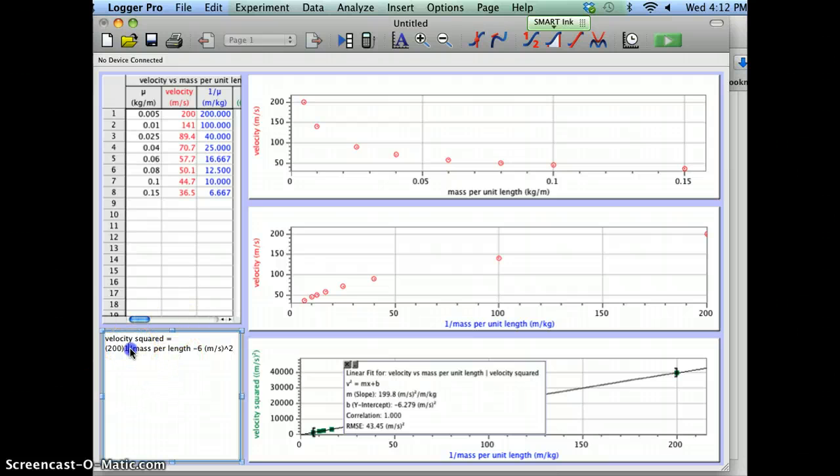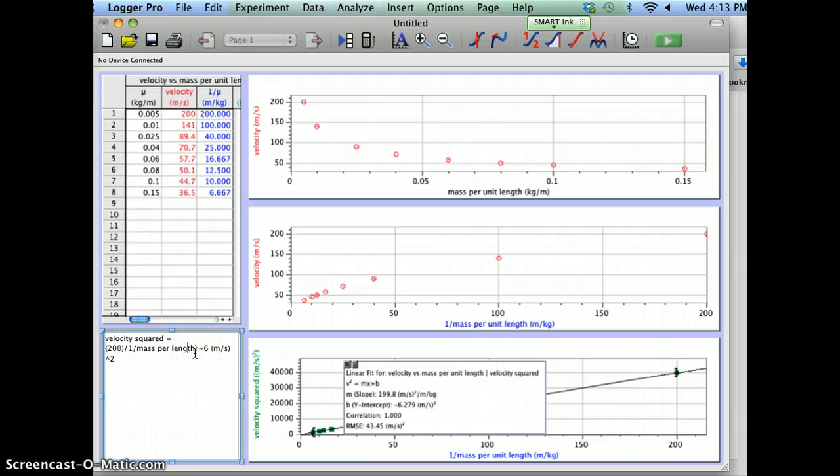So I could take out that 1. No, that won't work. That goes here. There, now it's correct. So it's 200 over 1 over mass per unit length minus our 6 meters per second squared.